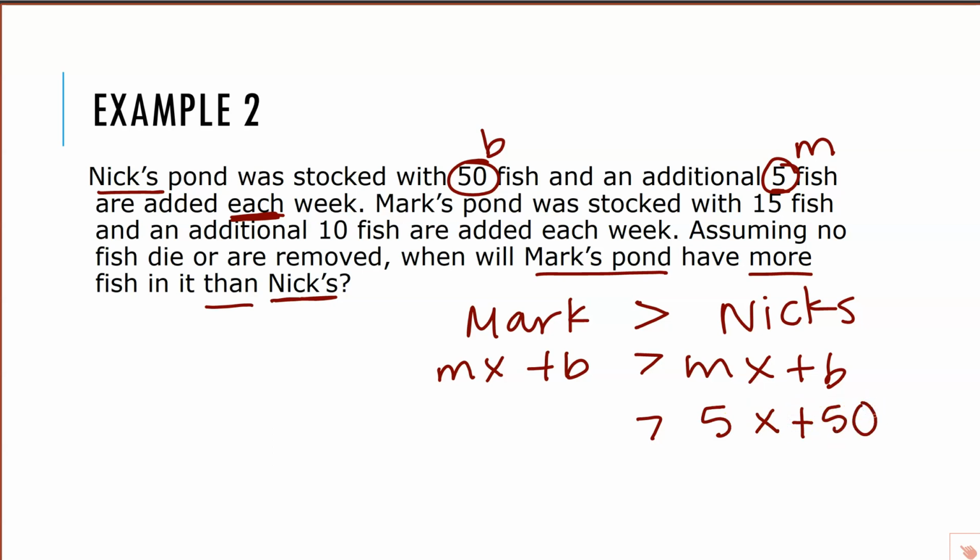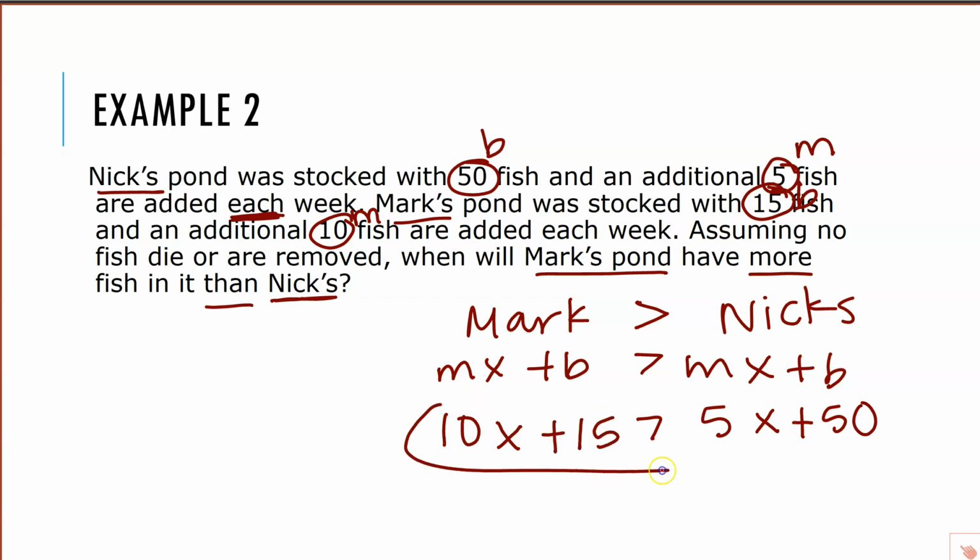All right, for Mark, Mark's pond was stocked with 15 fish, and an additional 10 fish are added each week. So each is my keyword and 10 is my M. So 15 is my B. So 10x plus 15. And there is my answer.